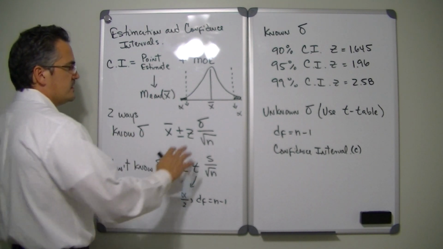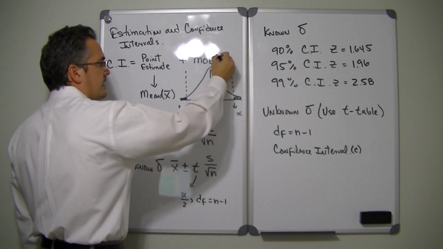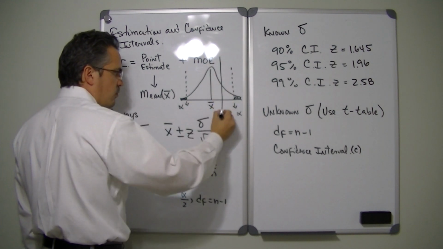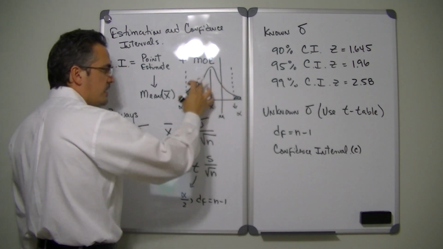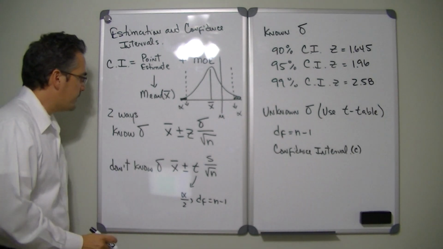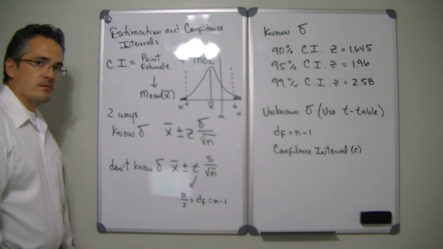So a confidence interval is basically trying to say that my population information is somewhere within my confidence interval. Alright, now there are two basic ways to do a confidence interval.